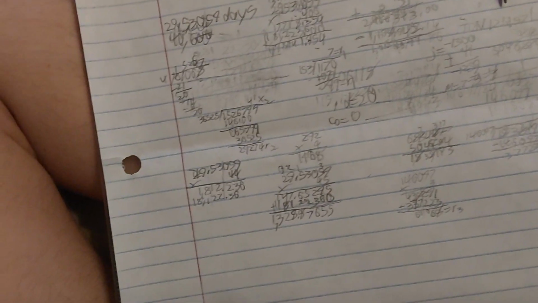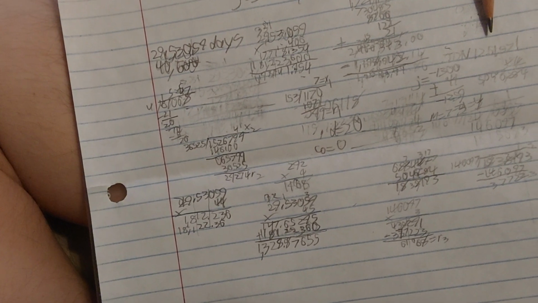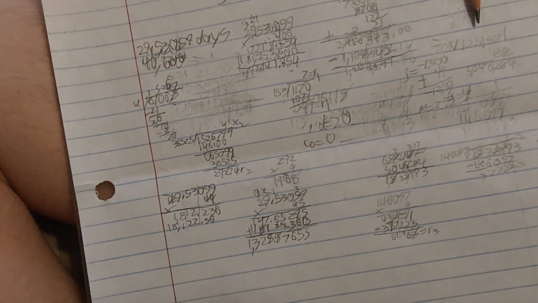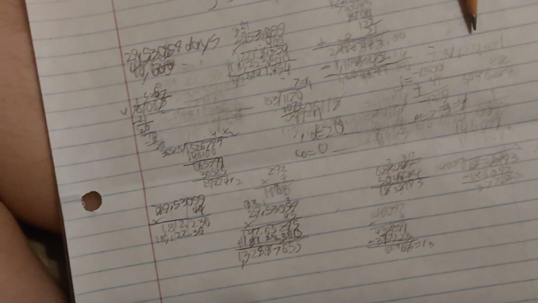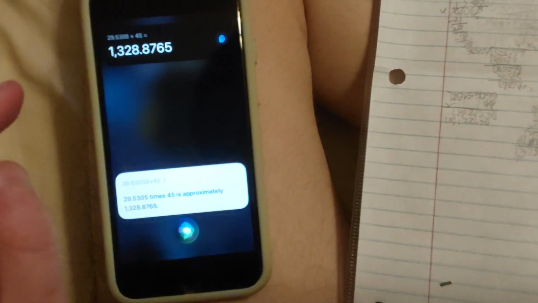Okay, Google. 45 times 29.53059. 45 times 29.53 is 1,328.85. 29.53059 times 45. 29.5305 times 45 is approximately 1,328.8765.